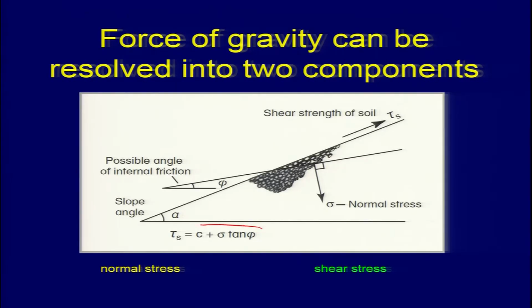This part will come later when we are talking about the factor of safety, where we talk about the coefficient of friction and all that, and then normal stress also. And if you have a water-saturated material, then we will have an effective normal stress.